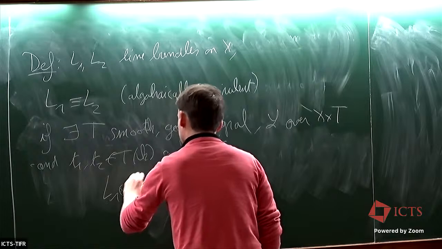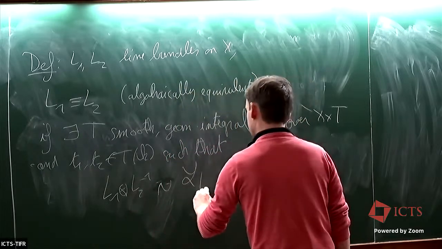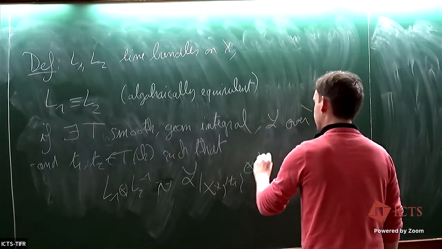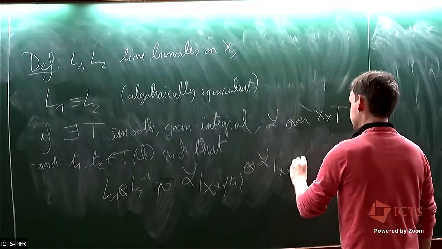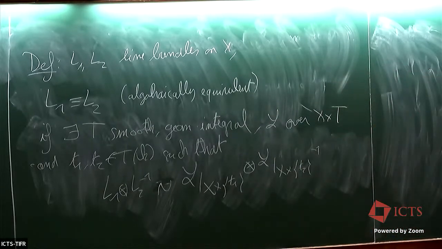And I can also rewrite this as L1 tensor L2 minus 1 is isomorphic to L sliced at T1 tensor L sliced at T2 minus 1. This is a more general relation of equivalence. You can check it works. I have, again, details in the notes.